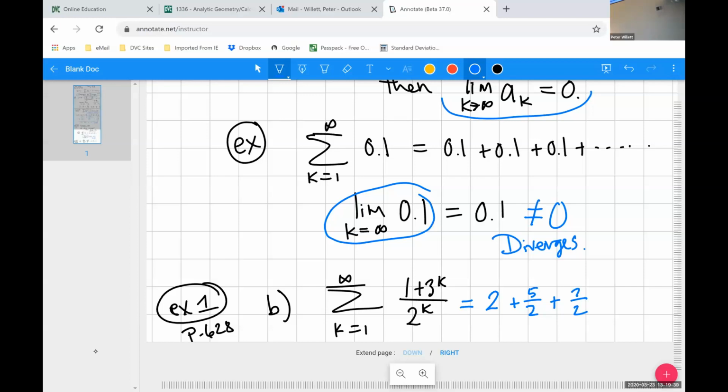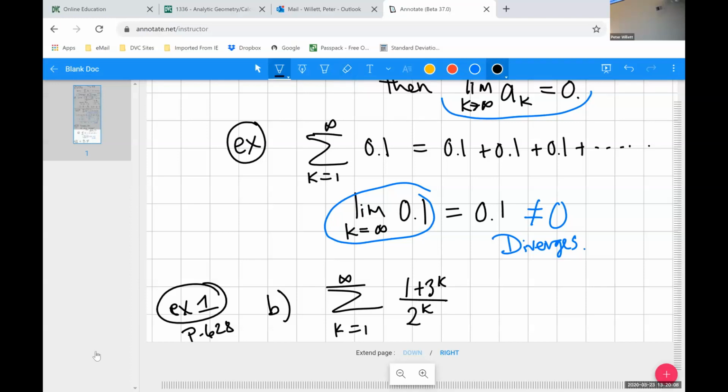And maybe you could also convince yourselves of that by taking note of the fact that the 1 becomes insignificant as these become large, and this basically then just looks like 3 over 2 to the k. And if you have a number bigger than 1 and you raise that to the k, that heads off to infinity. We looked at that with a geometric sequence. But nonetheless, we could also do some algebraic manipulation, and I'll model some of that.